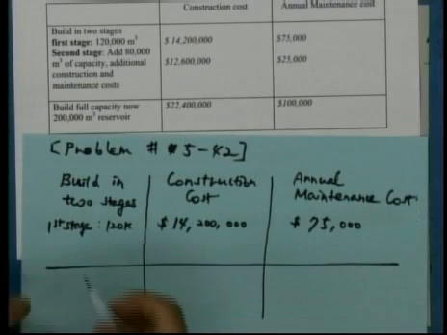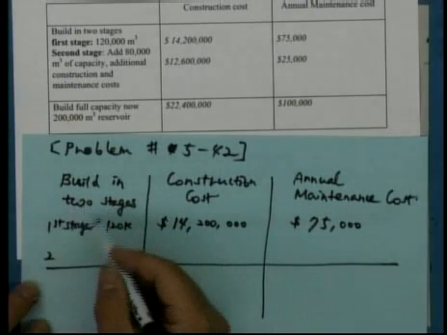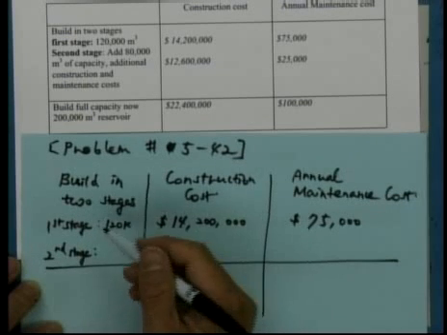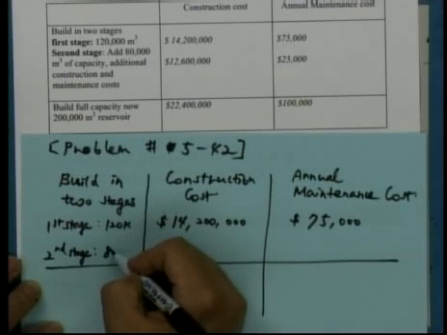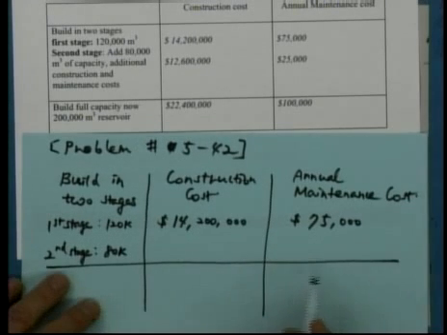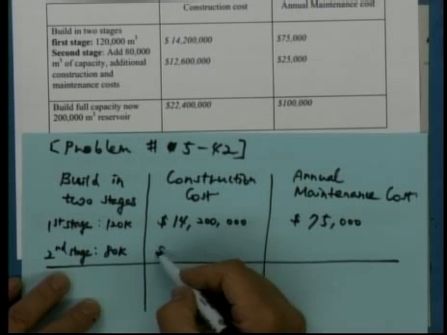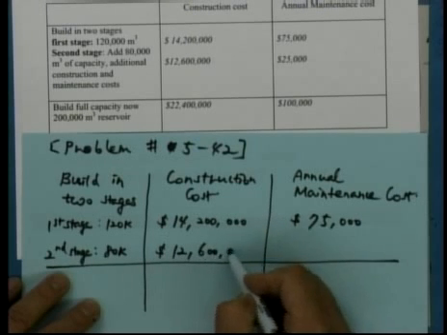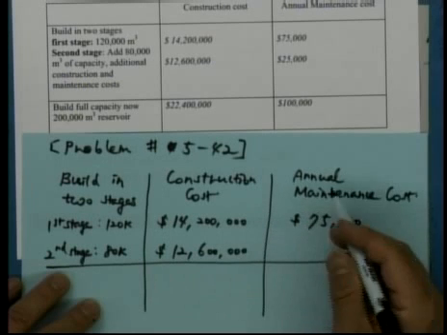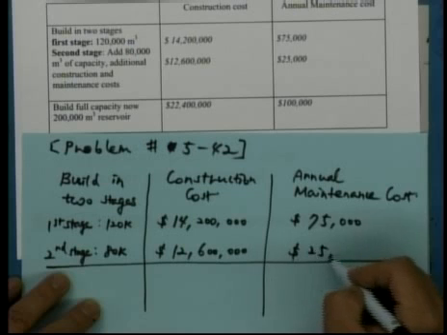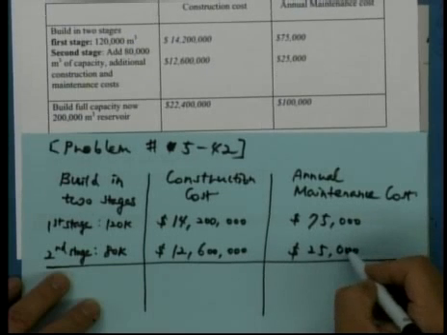For the second stage, which is about 80,000 cubic meters, the construction cost would be $12,600,000, and annual maintenance cost are required as $25,000.